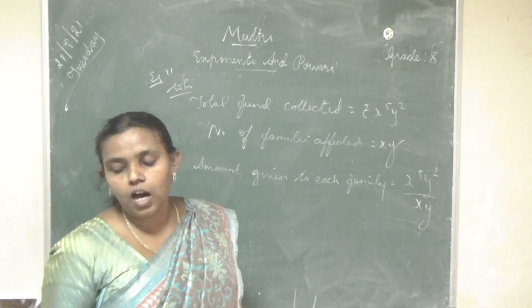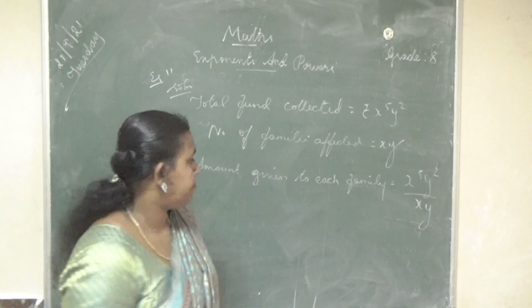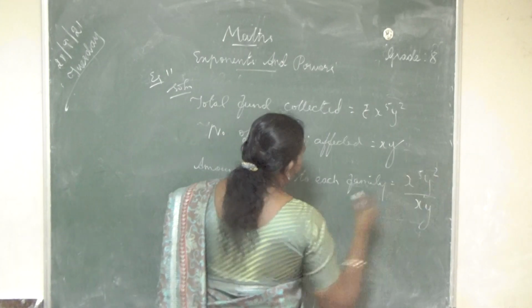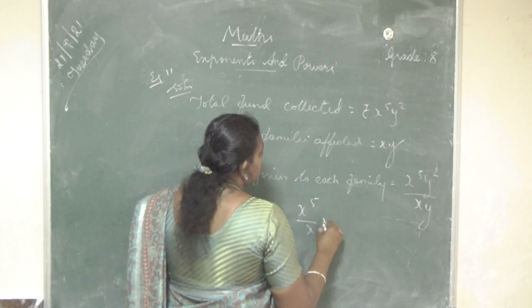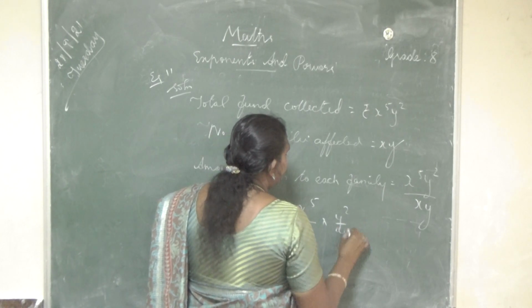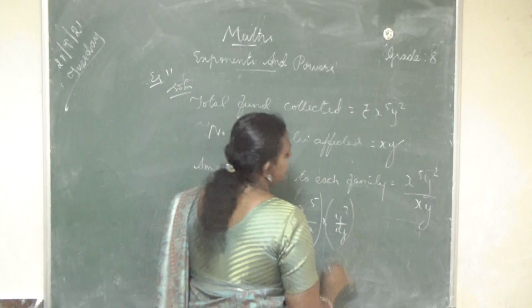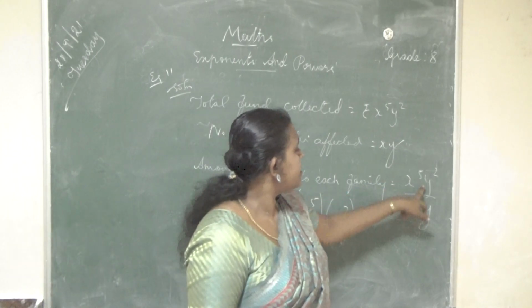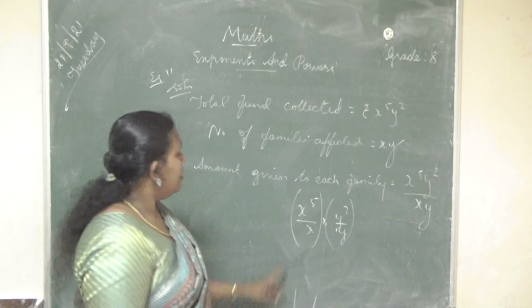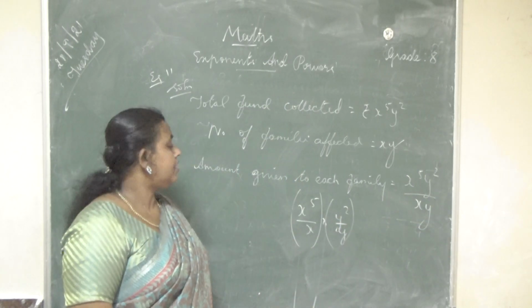So how are we going to divide? See, x power 5 y square: x power 5 by x into y square by y. I can take the same variables like this. Now, I know a power m by a power n is equal to a power m minus n.